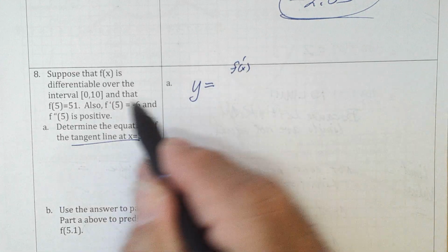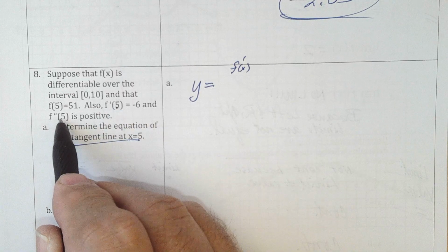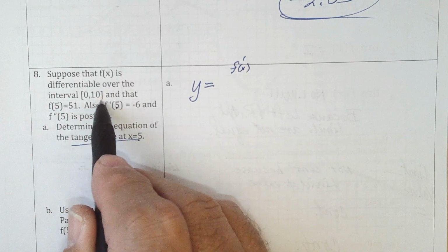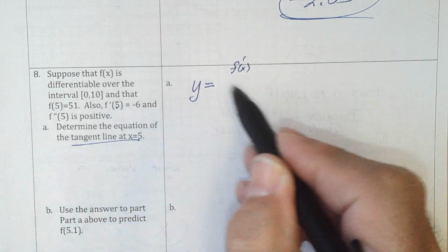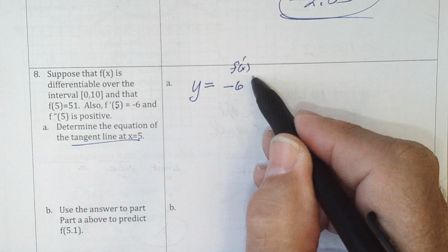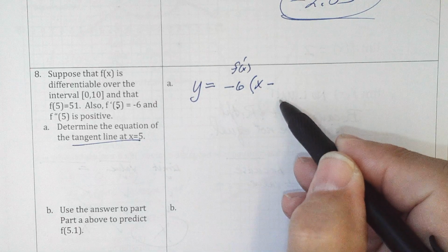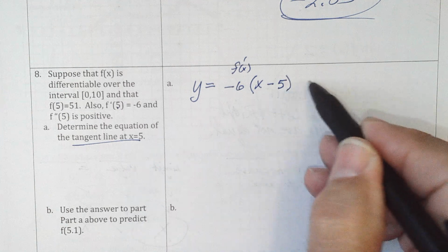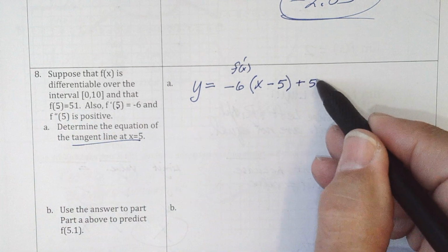Well, we're doing it at 5 because we're supposed to find the equation of the tangent line at 5. So I'm going to put in -6, parentheses, x minus an x we know, that's 5, plus the y that goes with that, well, that's 51.